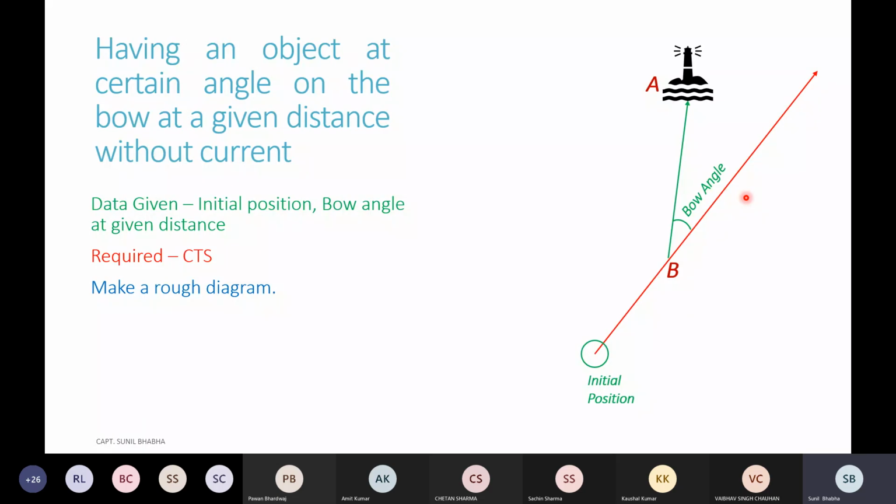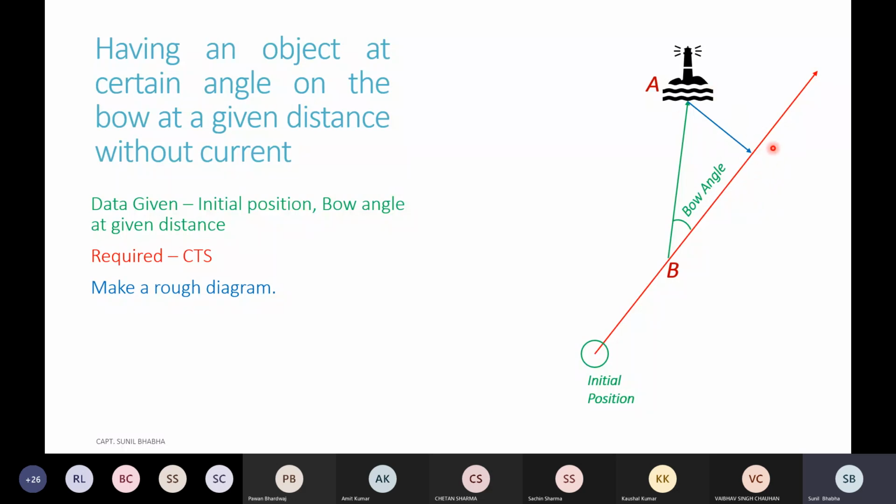Now what I will be doing is from point A, that is the lighthouse, which is the object, I will drop a perpendicular onto my course steered. So from point A, I'm dropping a perpendicular onto my course steered.